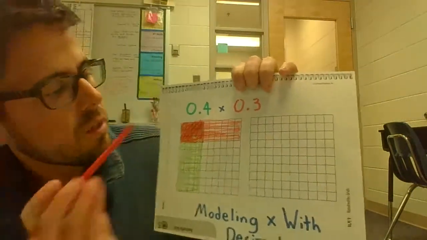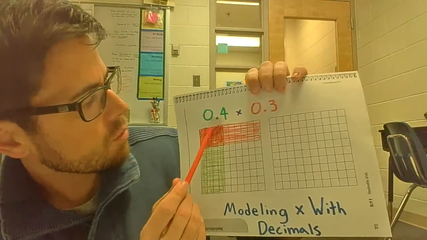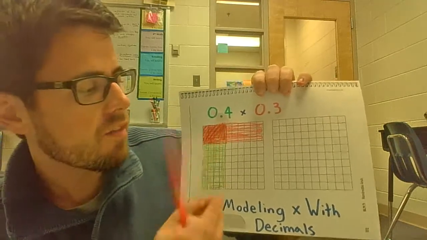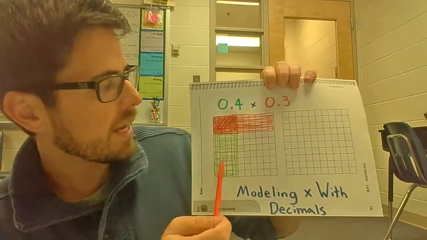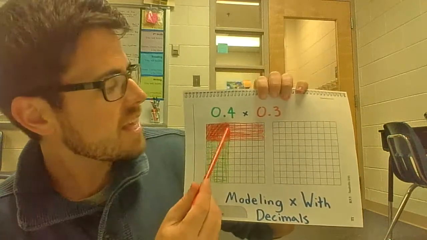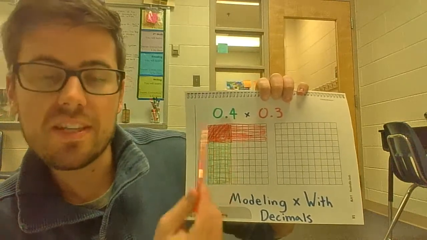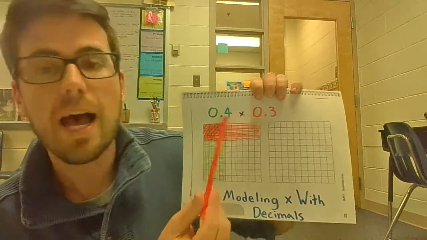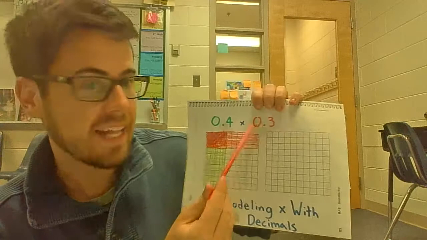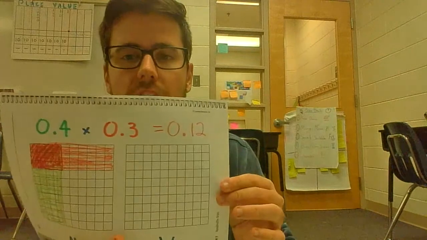If we look closely, we can see that we have 1, 2, 3, 4, 5, 6, 7, 8, 9, 10, 11, 12 of my little boxes sharing both the group of 4/10 and the group of 3/10. This is actually my solution. This is my product of 4/10 times 3/10. In other words, I have 4/10 groups of 3/10. So the solution is actually 12 hundredths, which looks like this, 12 hundredths.